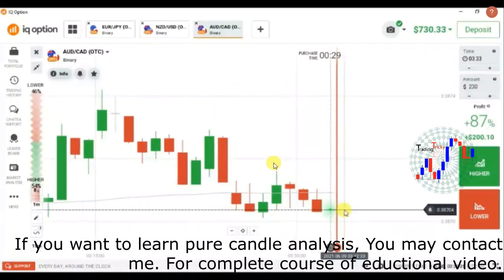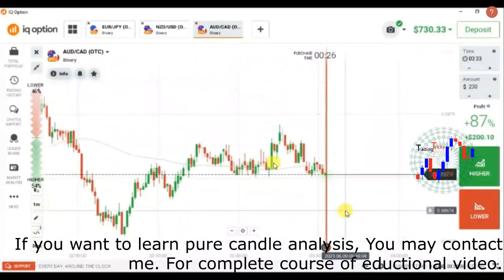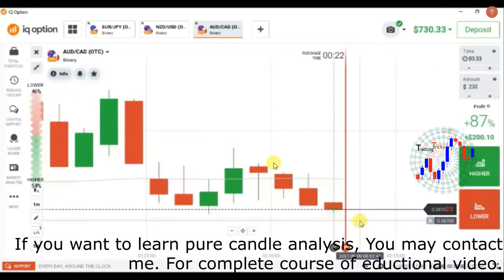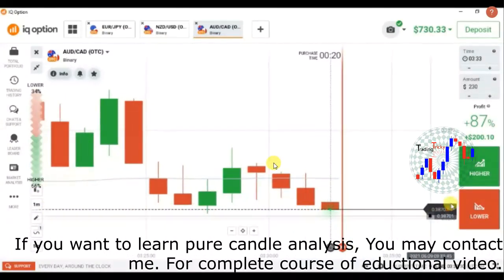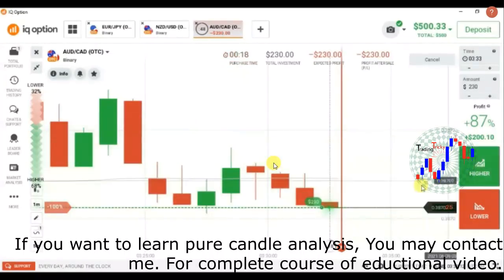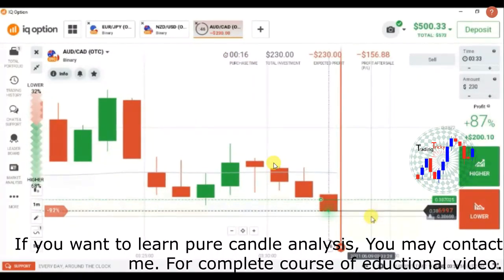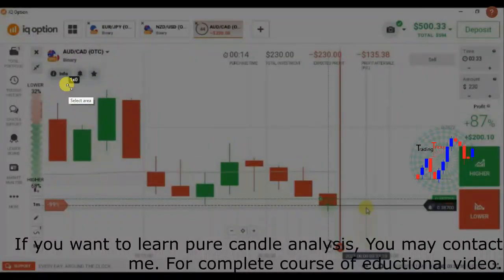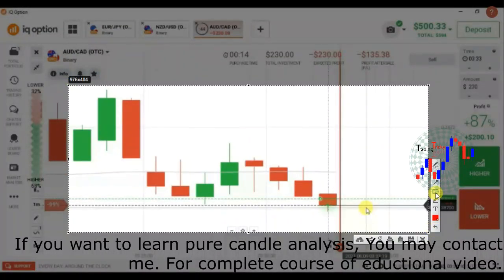Okay, this is a good level to trade. I think, okay, yes. Why have I told you this is a good level? Because this is a buyer's entry level.